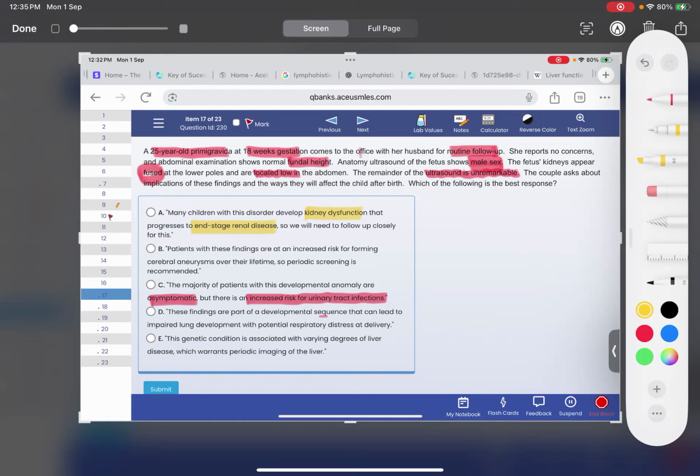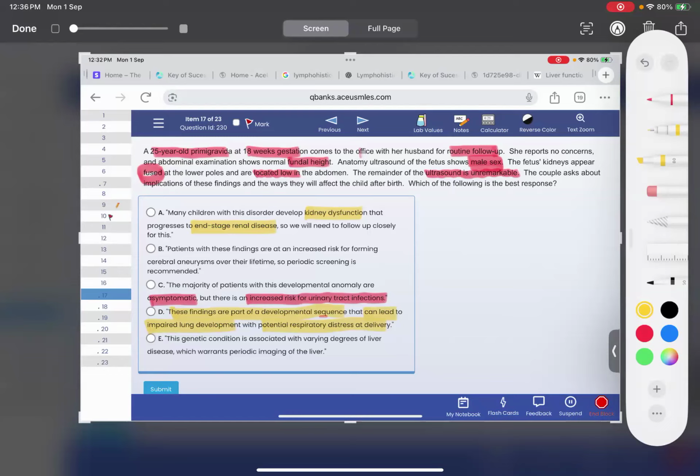I would make it easy for you. These findings are part of a developmental sequence that can lead to impaired lung development and potential RDS. These two are related because of autosomal recessive polycystic kidney disease, which we will discuss in other questions.